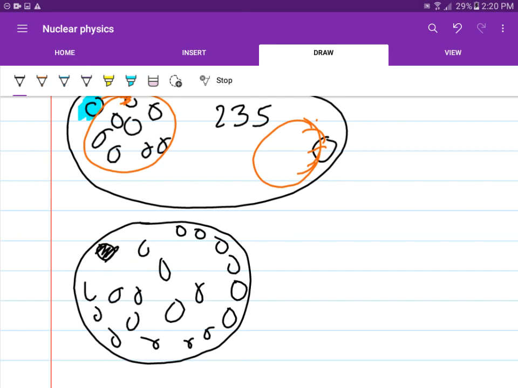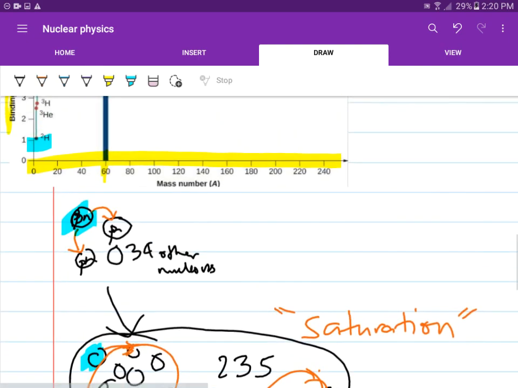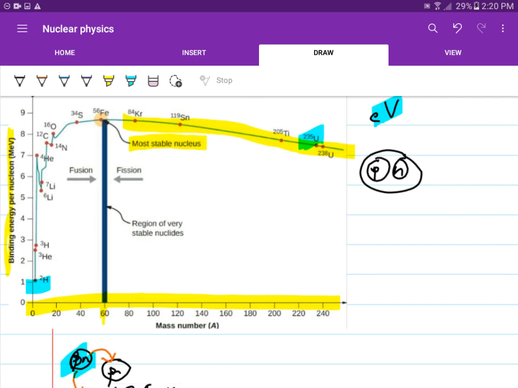So it's sort of like maximizing the binding energy per nucleon, and that's why it has the highest amount of binding energy per nucleon.